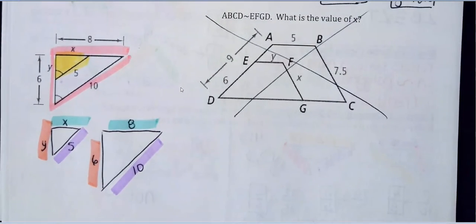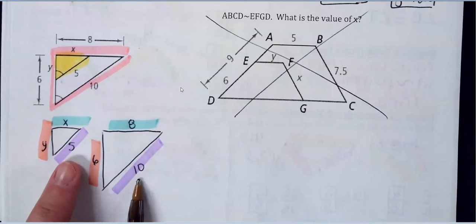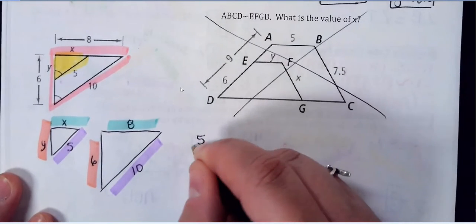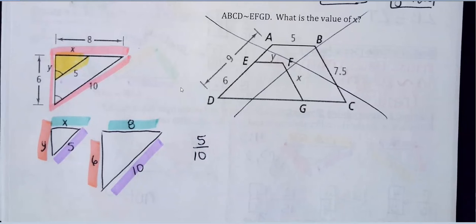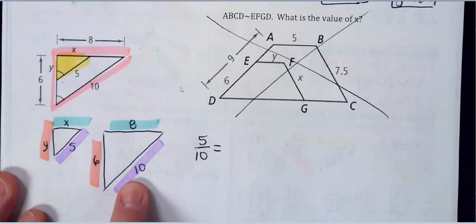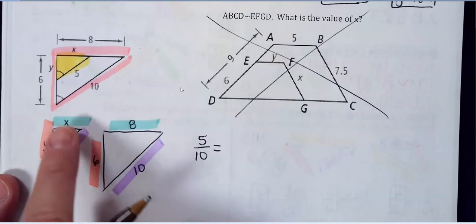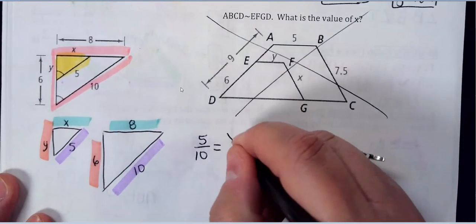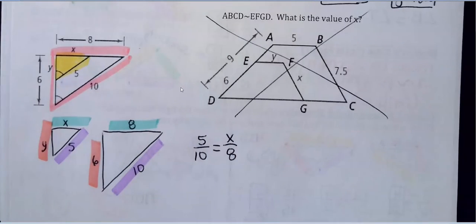So basically I just have to do one proportion for each variable. The set of sides where I knew both were 5 and 10. Again, you can reduce that to 1/2 or you can leave it alone. It's up to you. I'm just going to leave it alone so you can see the numbers from the picture. If I do 5 over 10, and let's say I wanted to find X, I would have to do X over 8 to set that up correctly. The top numbers both come out of the smaller triangle.